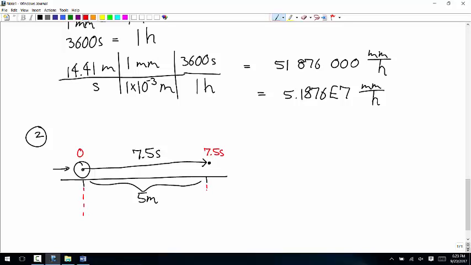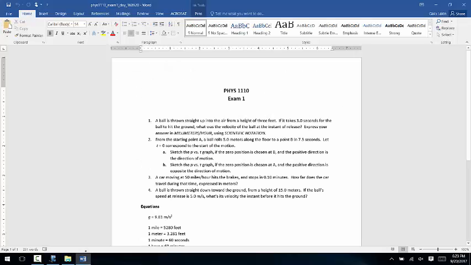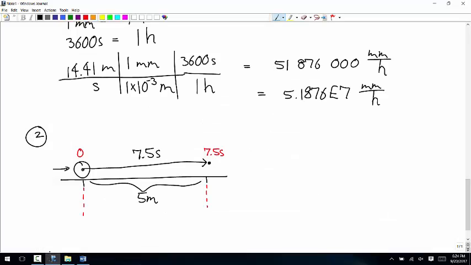And now we have to put the position labels on it. So if 0 is at B and the positive direction is the direction of motion, this is A, this is B. So then this is 0. The positive direction is this way.